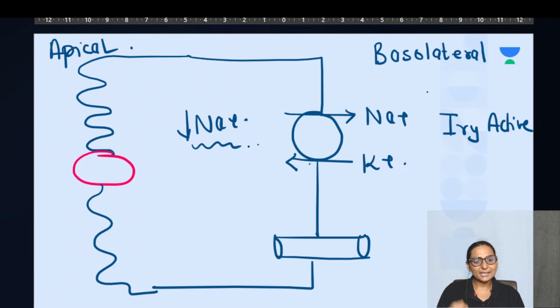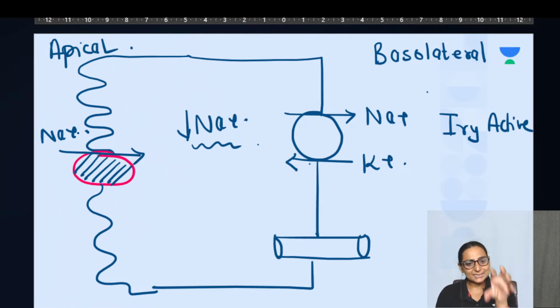So this creates a gradient for sodium, and the sodium can come inside. As this is an SGLT, sodium glucose co-transporter, sodium binds here. But this co-transporter is not going to work unless another substance attaches to it.